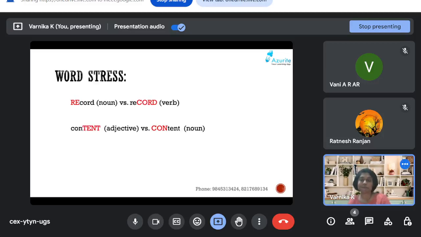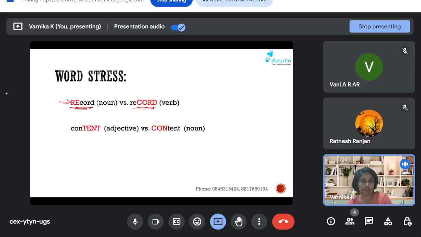For example, see this first pair of words. The spelling is the same, RECORD, right? But if I say record and record, okay, the first word is pronounced as record. Record, if I say record, it is a noun.